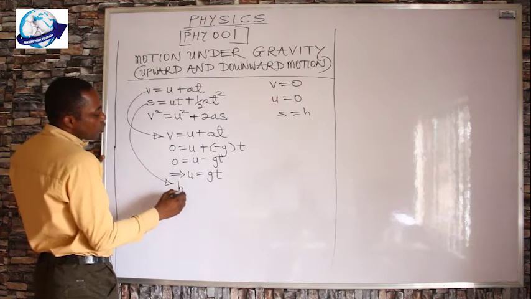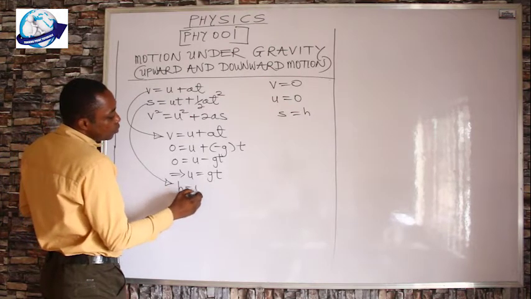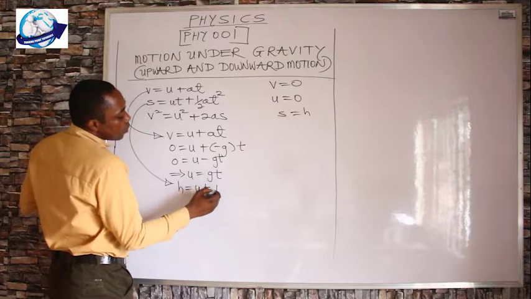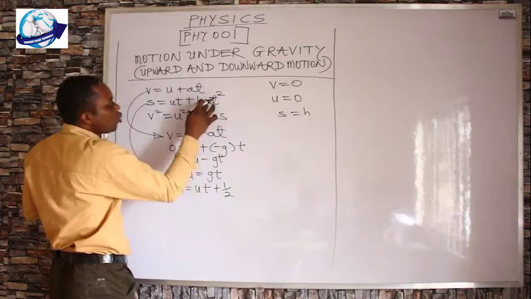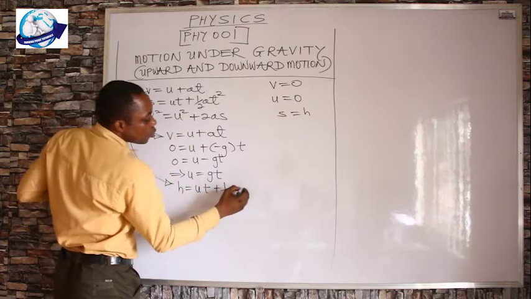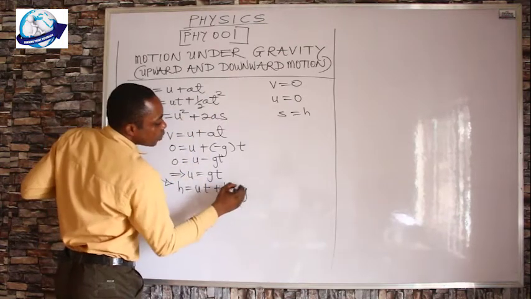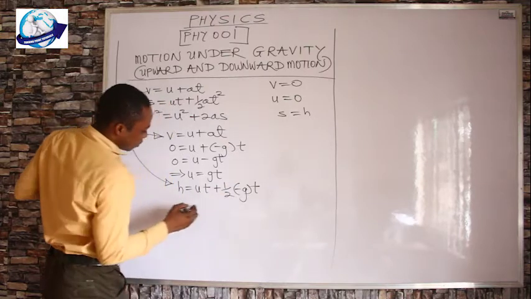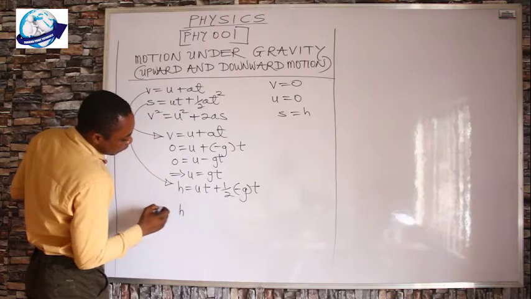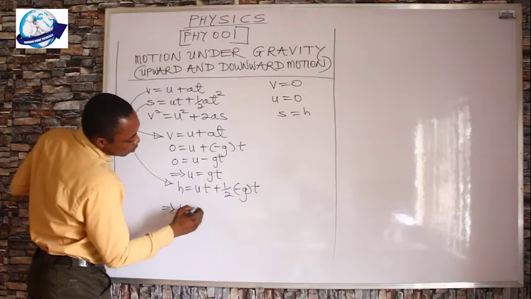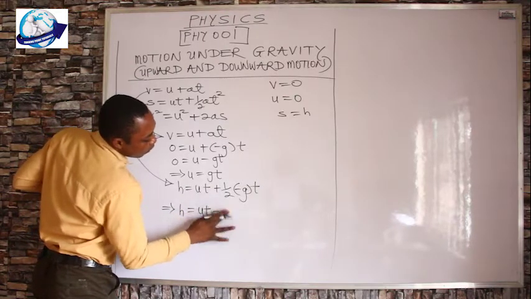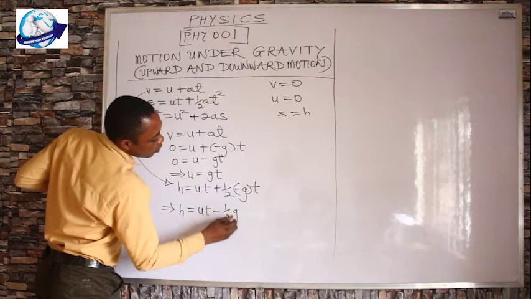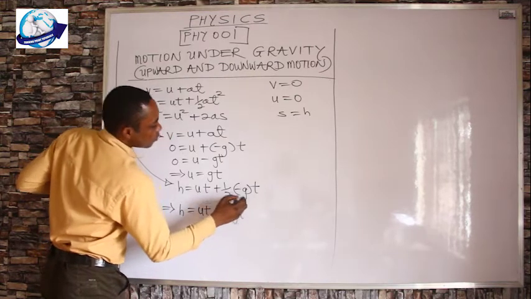Here we have h equals ut plus half, then the a, which is minus g in bracket, then t squared. Therefore, h equals ut minus half gt squared.